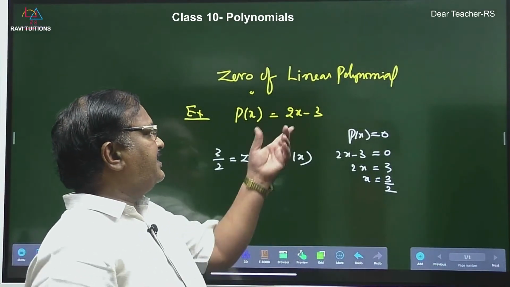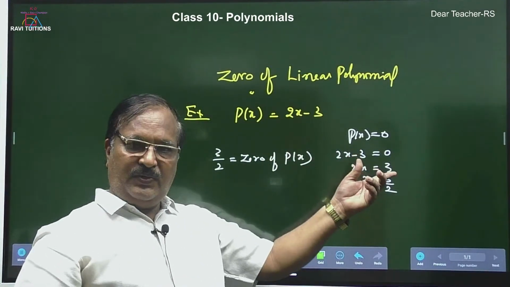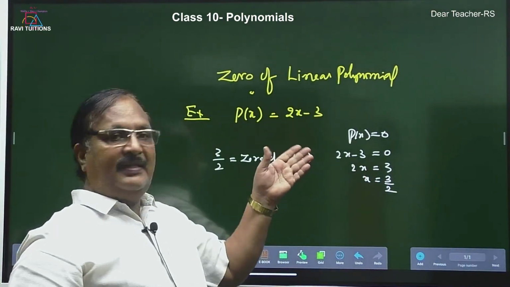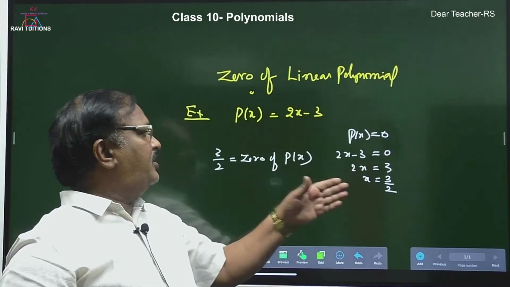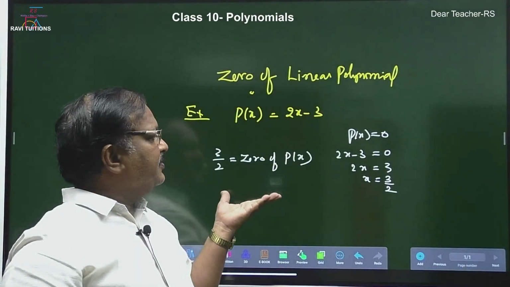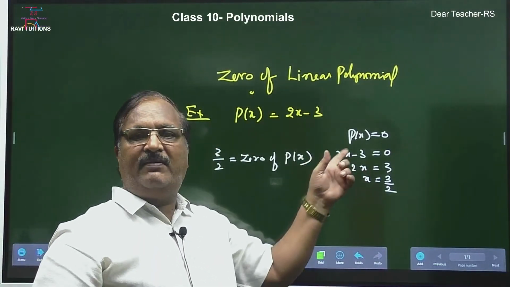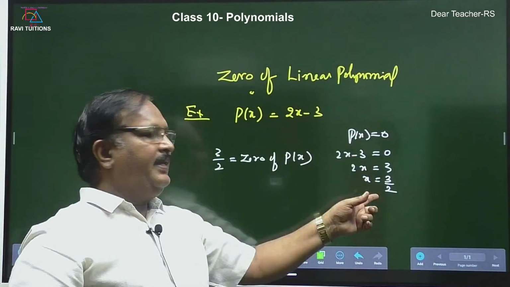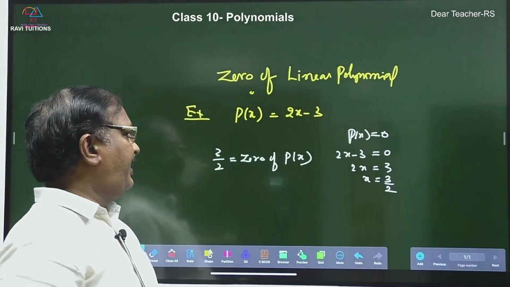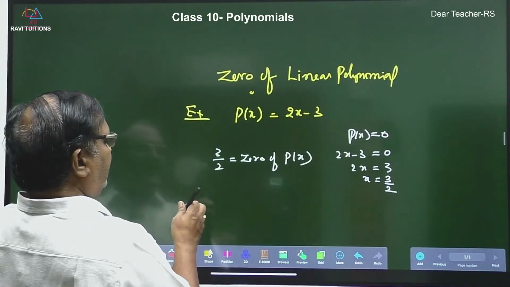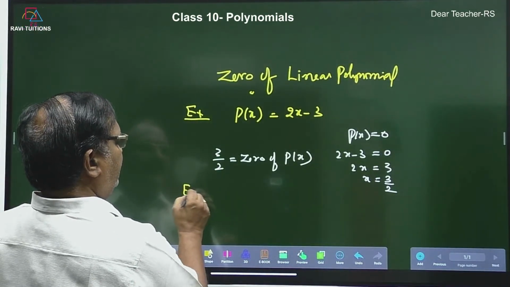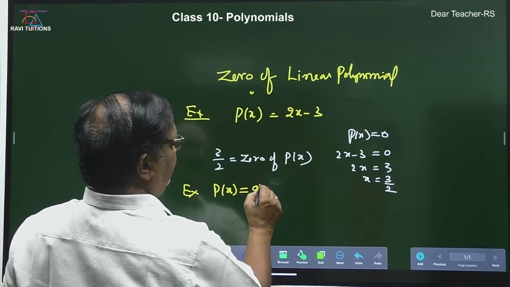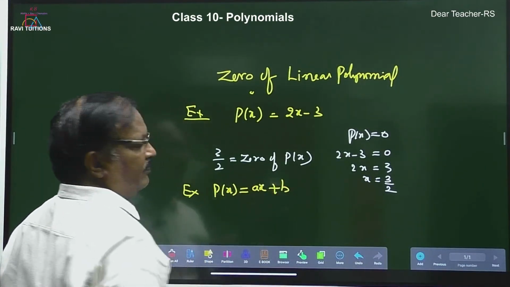That means you just equate it to 0, because the zero of the polynomial is the value of the variable at which the polynomial is 0. In the beginning we equate it to 0 and from that we get the value of x. Now in general, how are you going to do it? If p(x) is equal to ax plus b, this is the standard form.